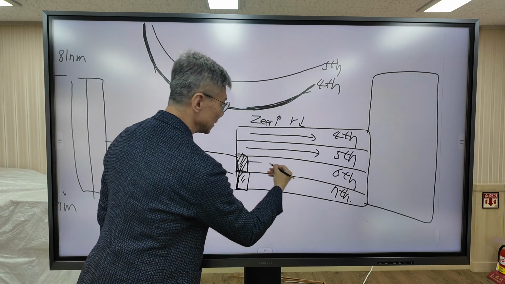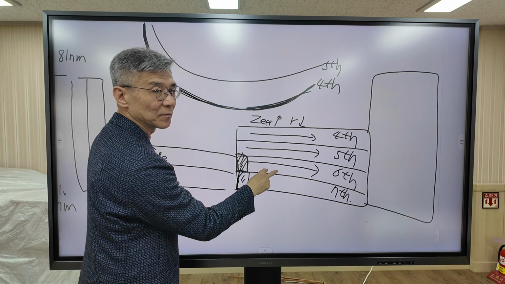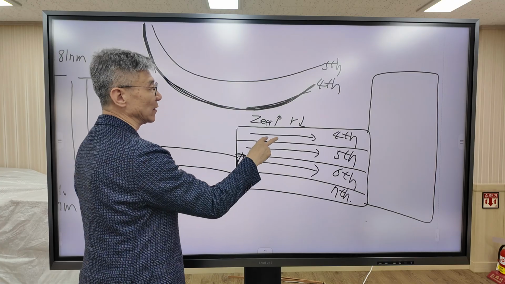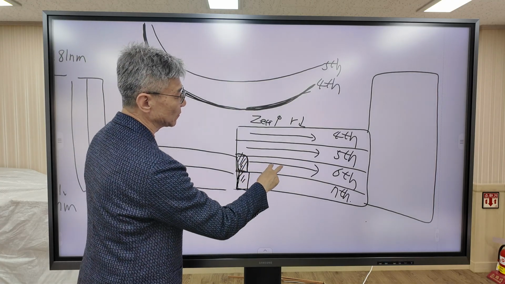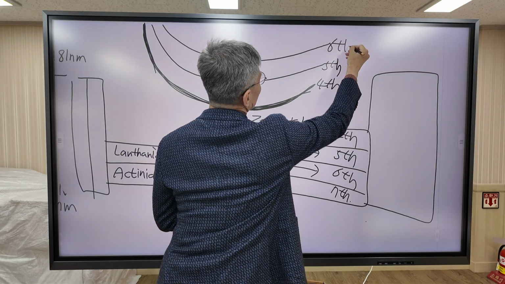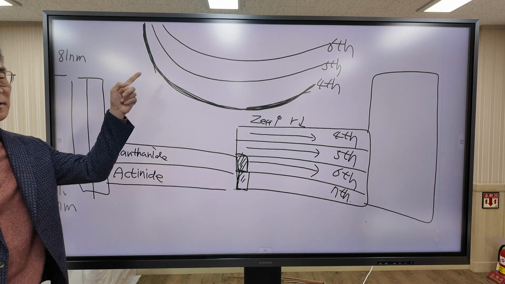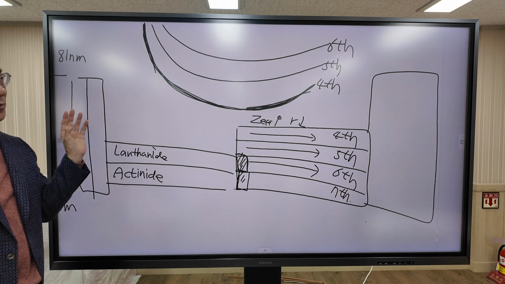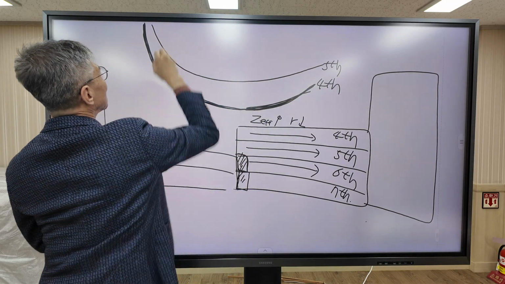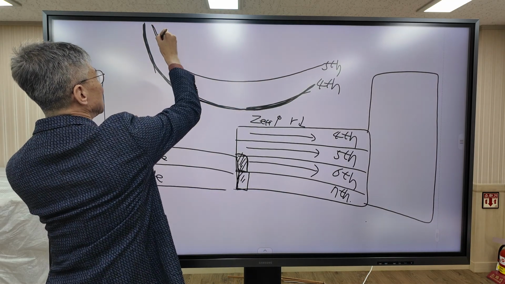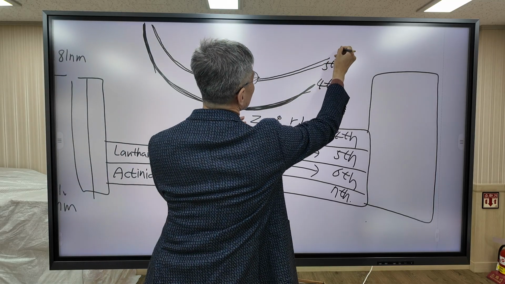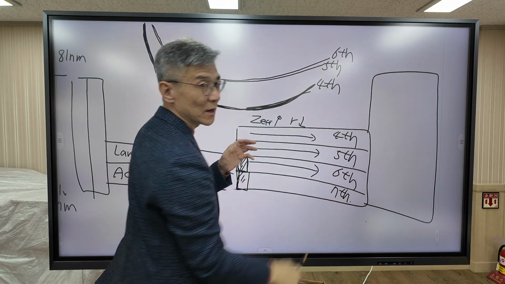Then how about the atomic radius of the 6th period elements? You might think that the 6th period elements follow the same trend. So when you draw the graph for the 6th period elements, the atomic radius looks like this. This is the expectation, but according to actual experimental observation, the graph looks like this. The 6th period transition metal graph sticks together with the 5th period elements.